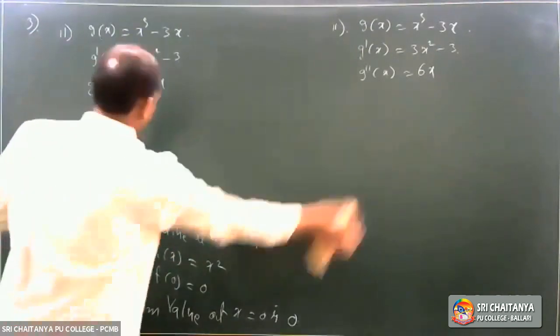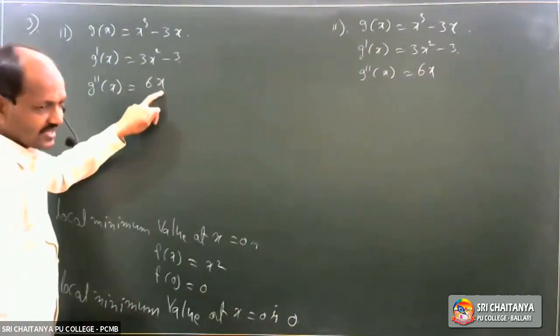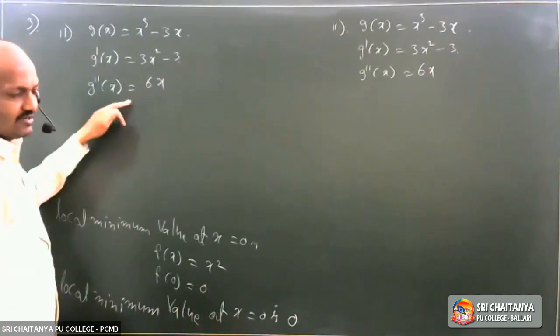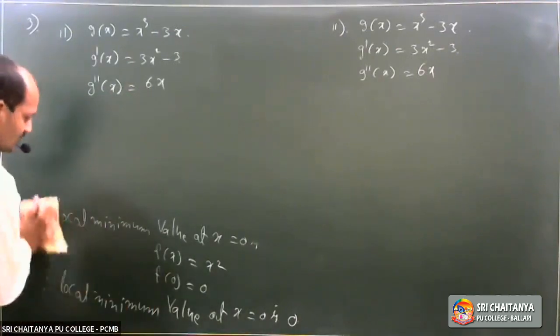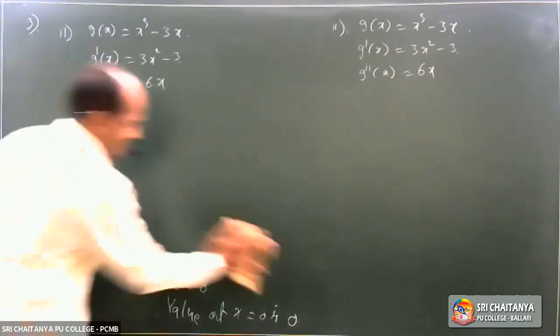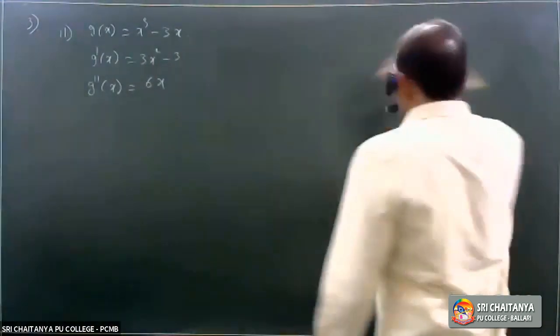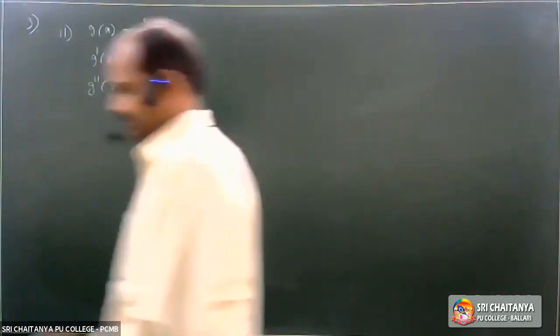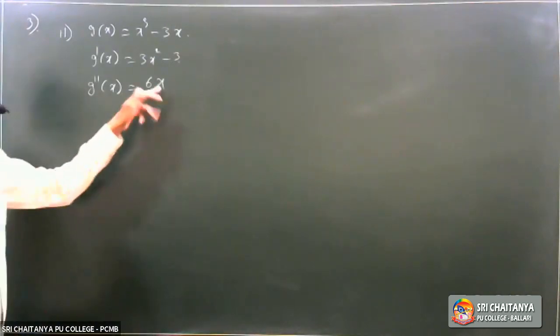If x is positive, the second derivative will be positive. If x is negative, it will be negative. If x is 0, it is 0. So first we have to find the value of x. How to find the value of x?